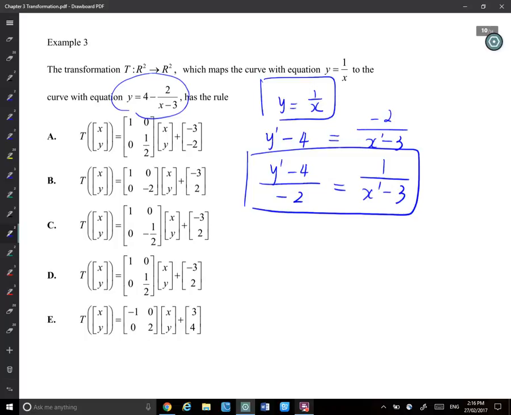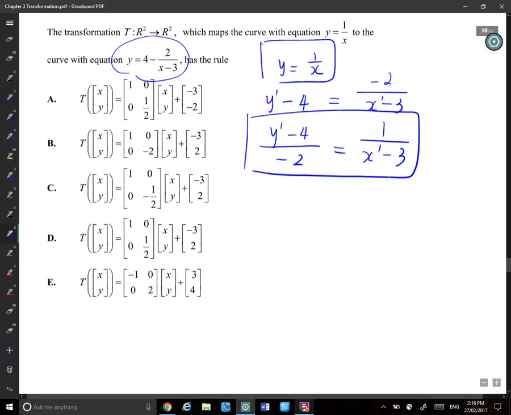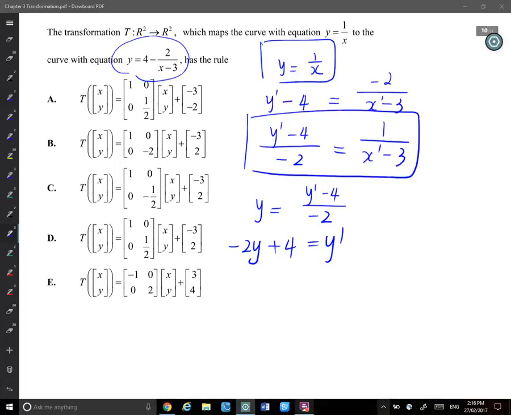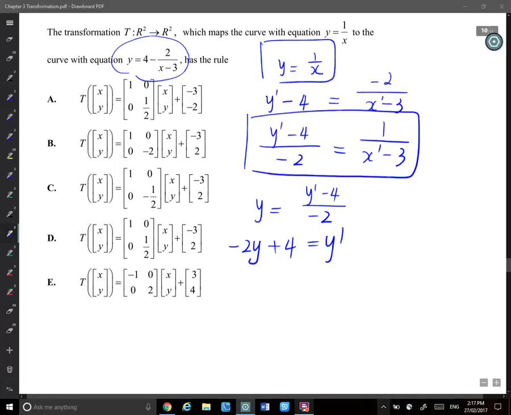So the next thing I will do is equalize both sides. Negative 2y plus 4 equals y dash. And I will equalize x equals x dash minus 3, so x dash equals x plus 3.